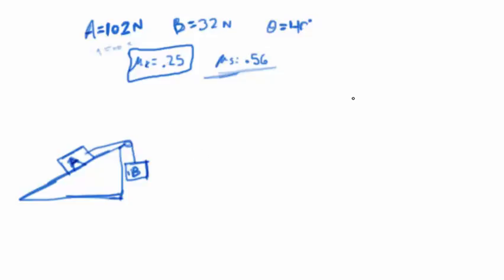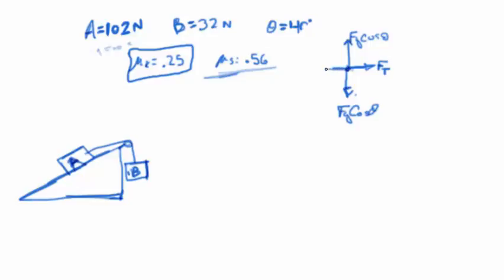Let's look at a free body diagram. I'll put that up here. To the right, we have tension. To the up, we have the normal force, which we know is going to be Fg cosine theta, because the gravitational component is Fg cosine theta.